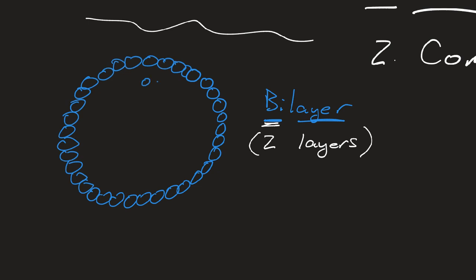And what happens in a bilayer is you have two layers of phospholipids. It's still a ball, it's still a sphere, and I shouldn't even call it a sphere or ball, but it's enclosed, it's three-dimensional. I can only draw it in 2 dimensions. Now I'm drawing it, so there's absolutely no reason why you guys can't draw it.